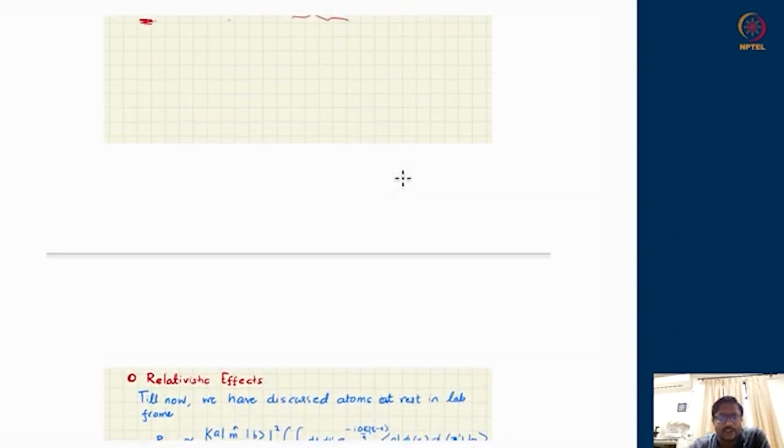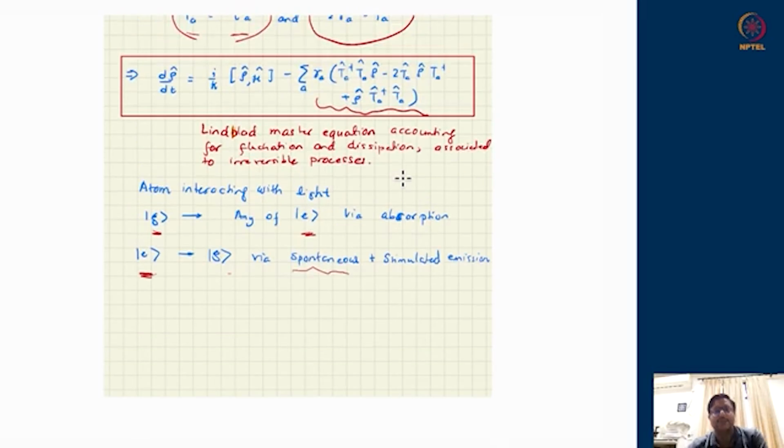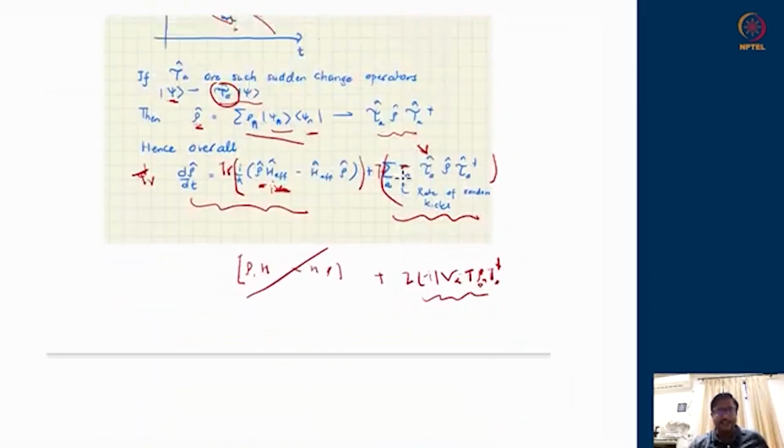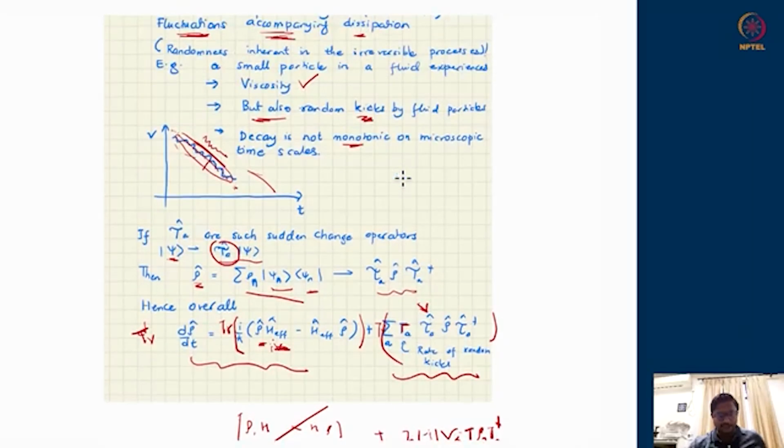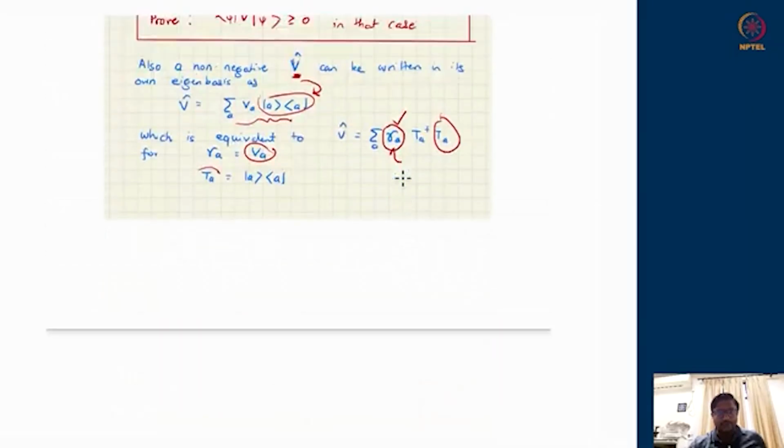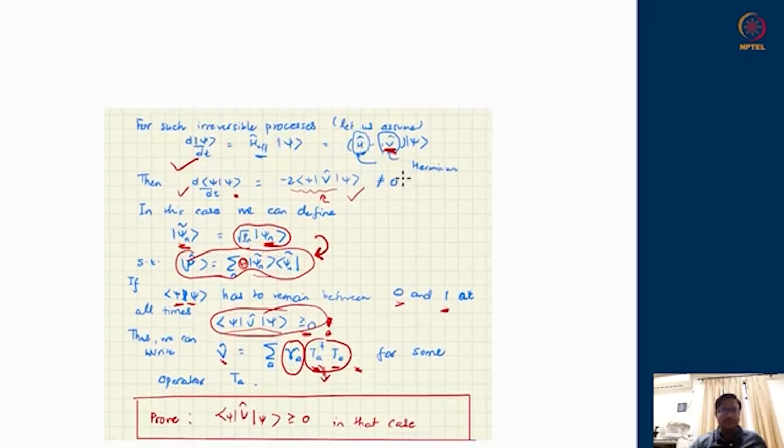Okay, all right. So till now we have discussed the Schrodinger equation and the corresponding time evolution, because this is true for the Schrodinger equation only, that the time evolution happens like this, with probability whether zero or non-zero in the presence of dissipative or non-dissipative terms.